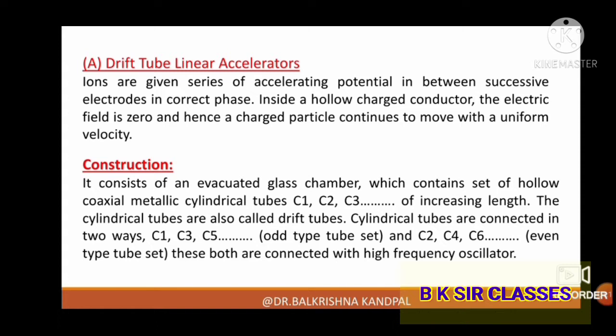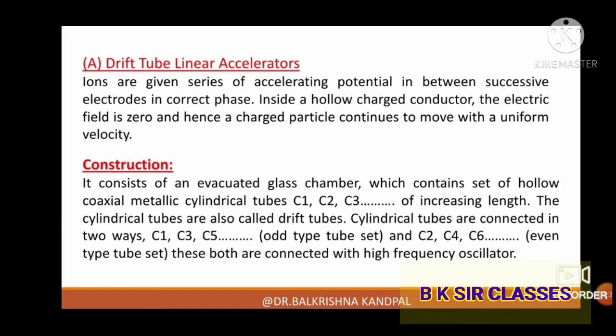In a drift tube linear accelerator, ions are given a series of accelerating potentials between successive electrodes in correct phase. Inside a hollow charged conductor, the electric field is zero, and hence a charged particle continues to move with a uniform velocity.